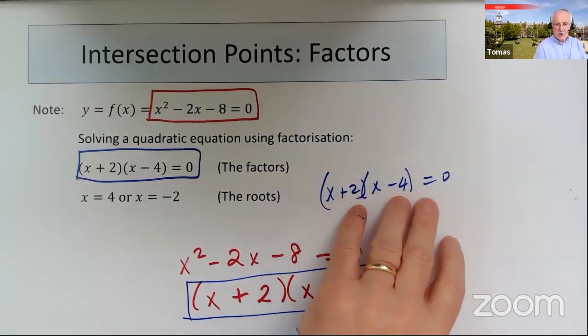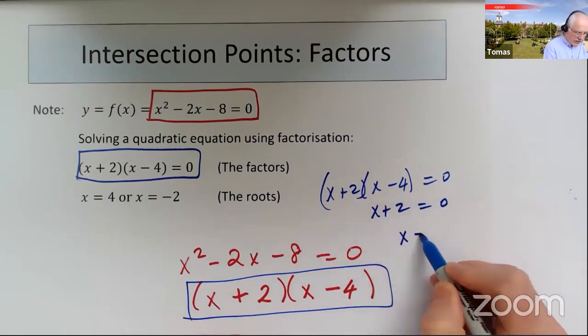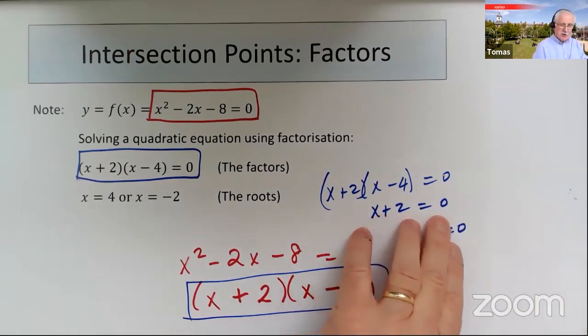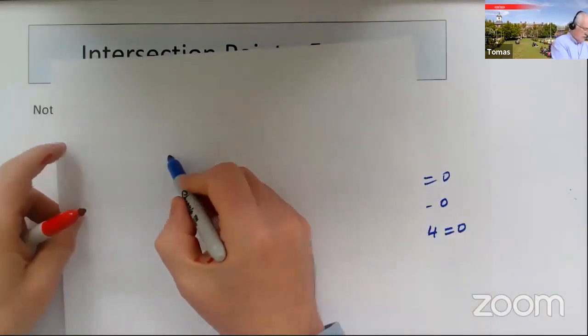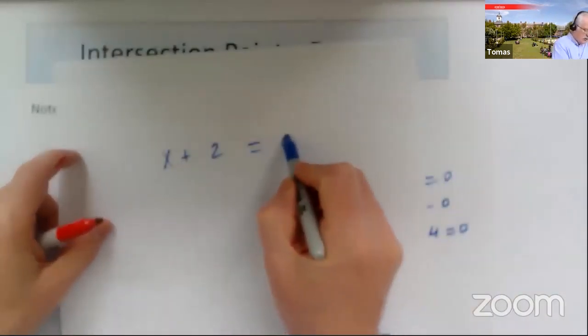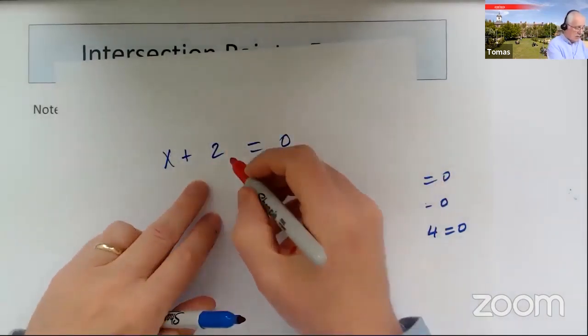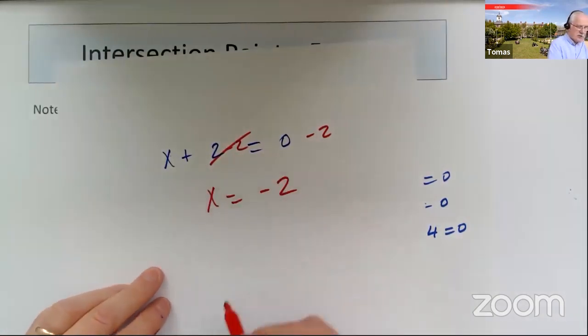Well, if that's true, then either x plus 2 is 0 or x minus 4 is 0. And if x plus 2 is 0, how do we solve that? We don't like 2 on this side, we take it to the other side, or we put in a minus 2, whatever way we want to do it, x is minus 2.